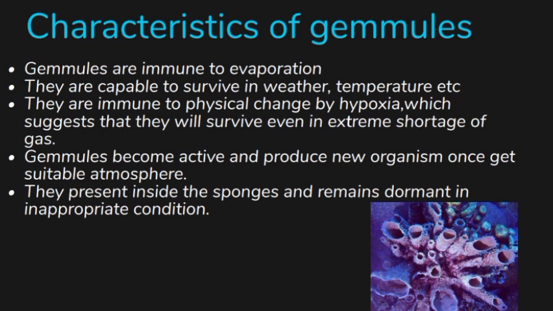As we said before, they can live in conditions of extreme shortage of gas, and gemmules become active and produce a new organism once they get a suitable atmosphere. We also discussed this point. They are present inside the sponges and remain dormant in inappropriate conditions. In unfavorable conditions, they have the ability to survive.